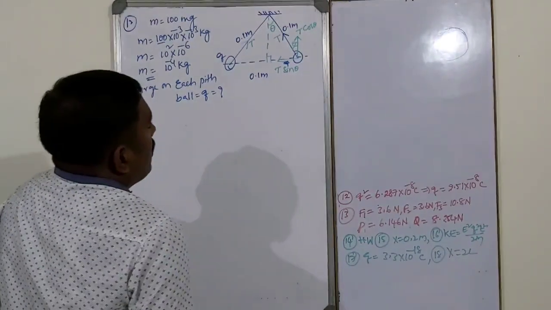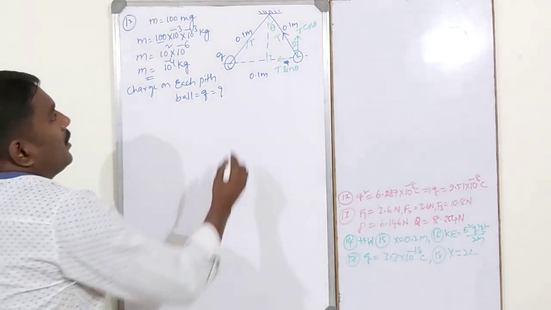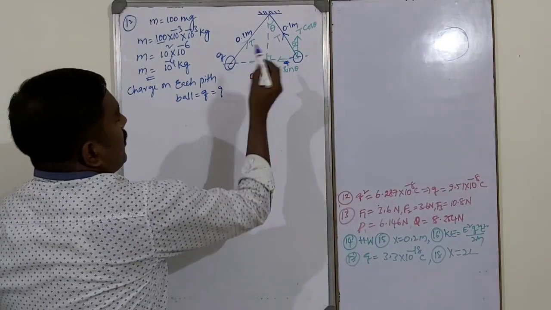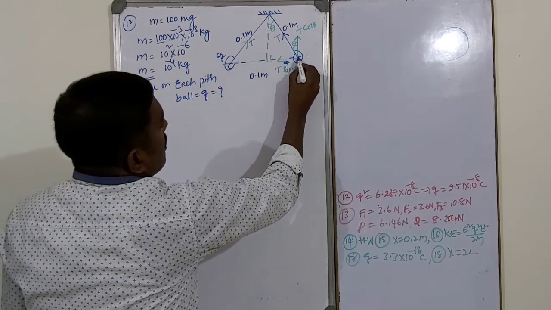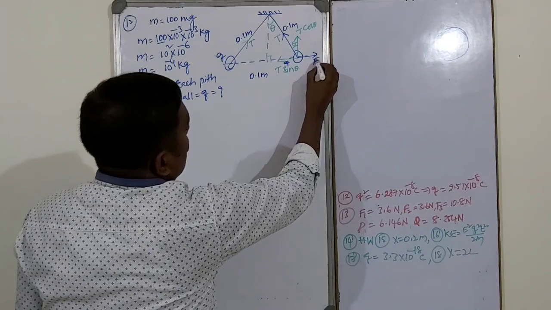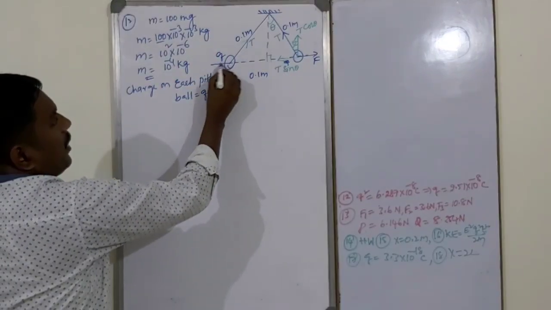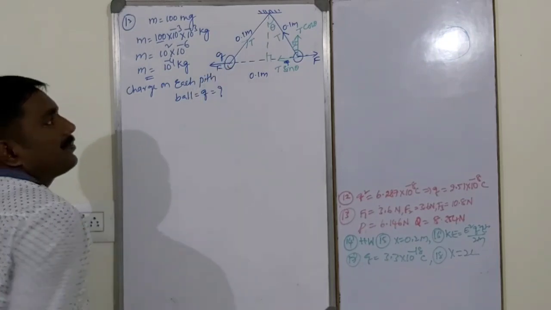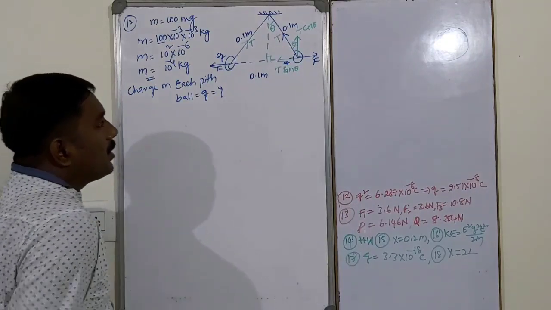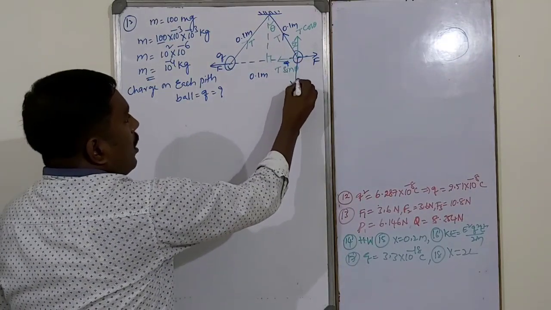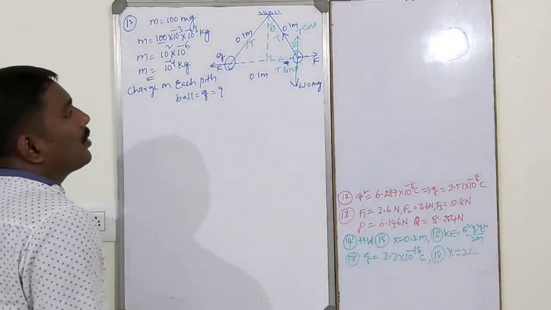Whenever two pitballs have the same kind of charge, they exert a repulsive force between them, so the force acts away in this direction. I will find out the forces on this pitball, so this is the force direction. The weight of the pitball is always downwards, W equal to mg.